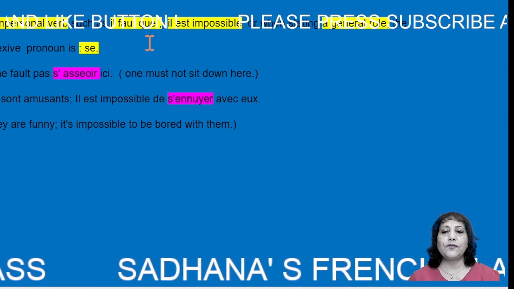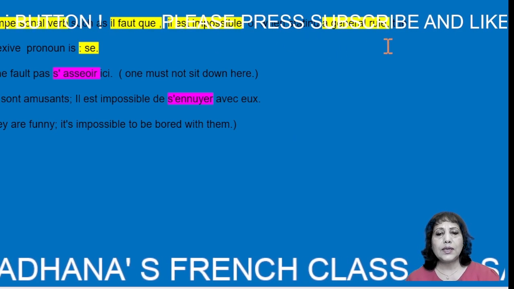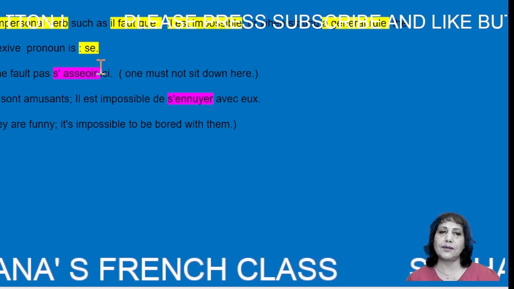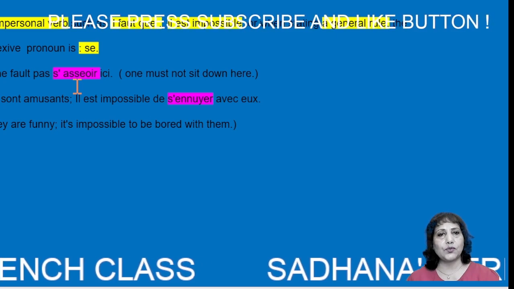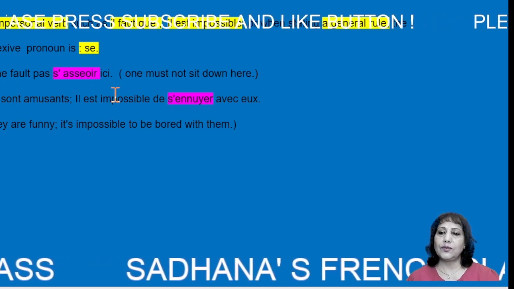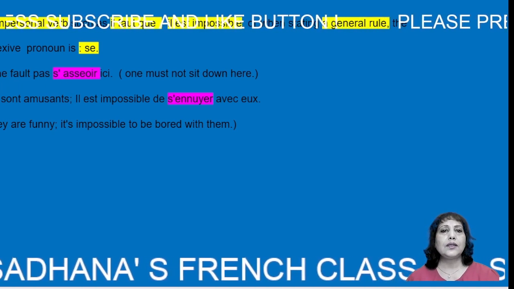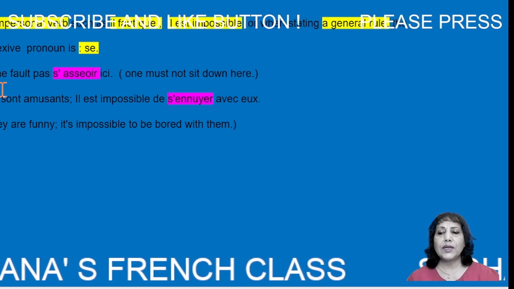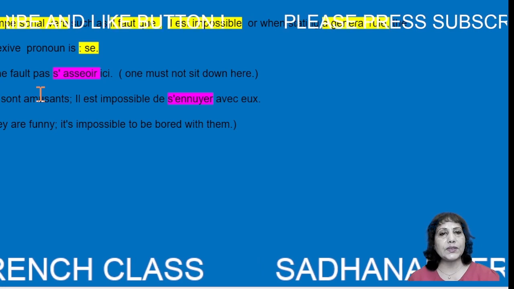So such as il faut que, il est impossible, or when stating a general rule, the reflexive pronoun is se. Okay, so il ne faut pas s'asseoir ici, one must not sit down here. Since il is third person singular, though the meaning is it, not he, we have made negation with an impersonal verb.